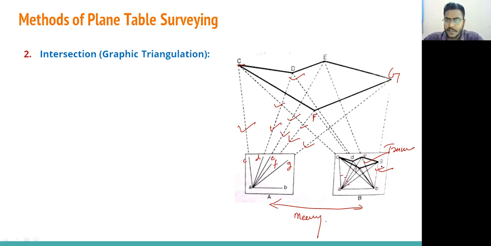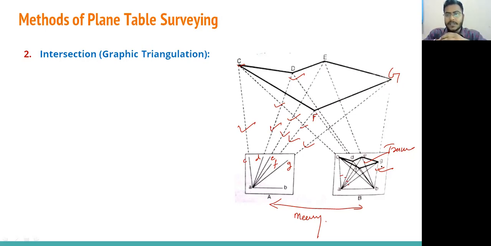And by intersection, we get two lines meeting at a point. So that intersection we are getting on the sheet also or on the field also, right? So by using some scale, we are taking all the intersection lines on the sheet. So that is why this method is called intersection.